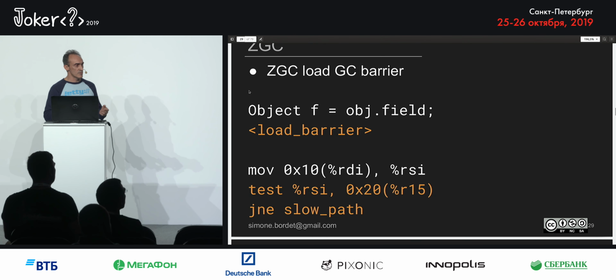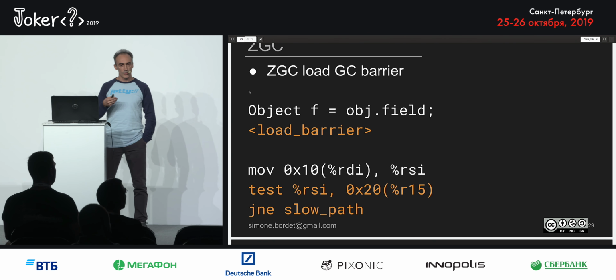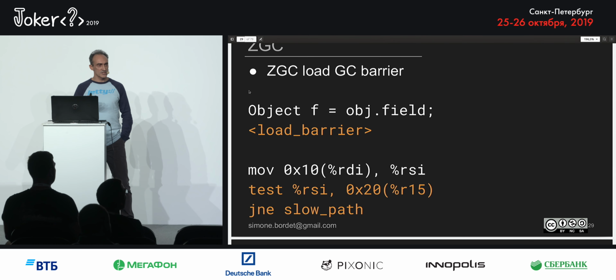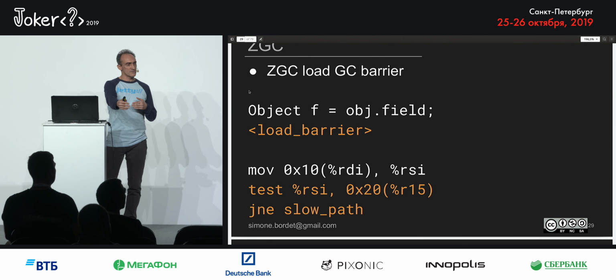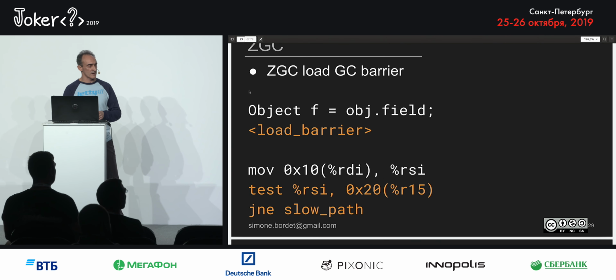In assembly, it looks like this. The RDI register contains obj. I just move 16 bytes forward, 0x10, to get the field, and I load the field into the RSI register, okay? And then comes the load barrier.